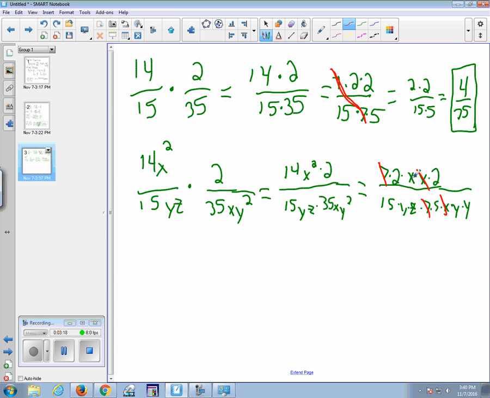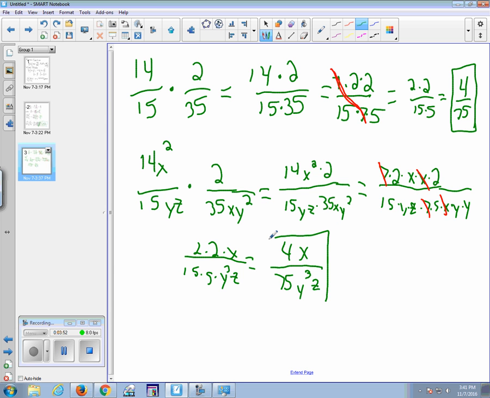So 2 times 2 times x over 15 times 5 times 3y's and 1z. So 4x over 75 y cubed z. Right, 3y's here.